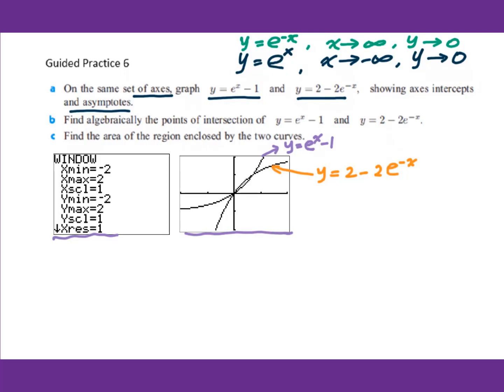In other words, for y equals e to the x power minus 1, the asymptote line will be y equals negative 1. For the other function, the asymptote line will be y equals 2.